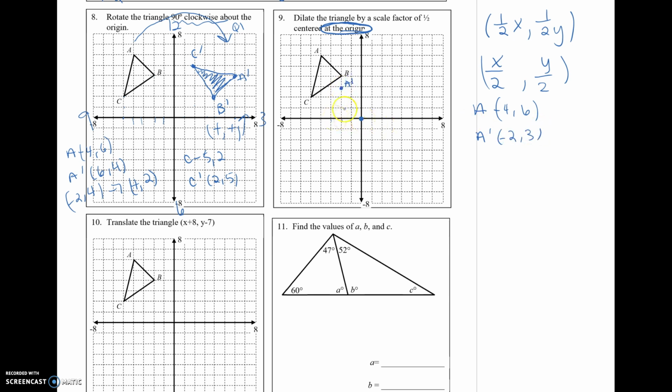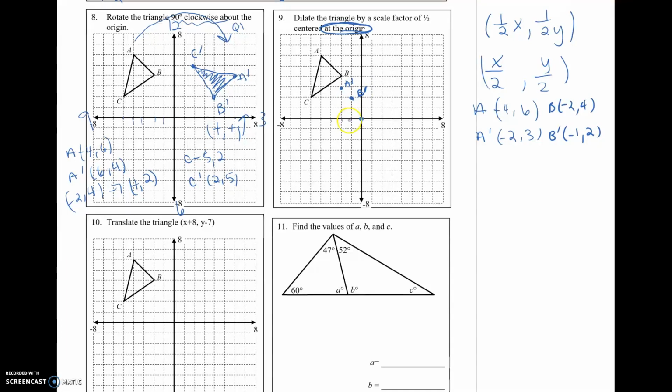If B is currently at -2, 4, B prime, again, I'm going to just divide those by 2 or multiply by 1/2, and it should be -1, 2. So -1, 2, there's my B prime.